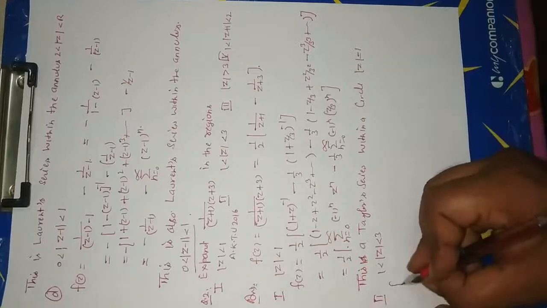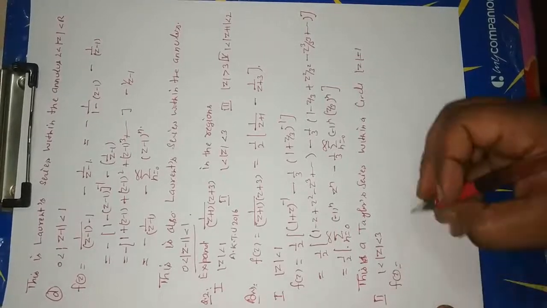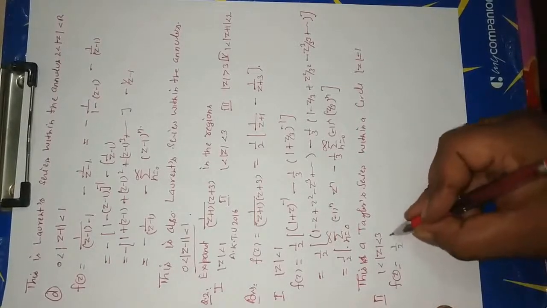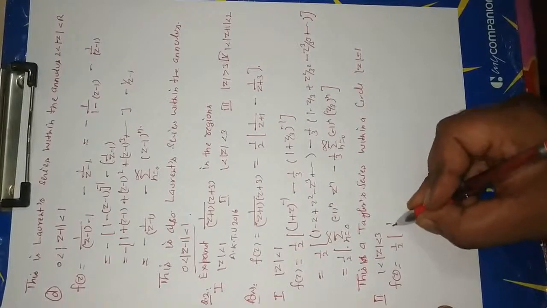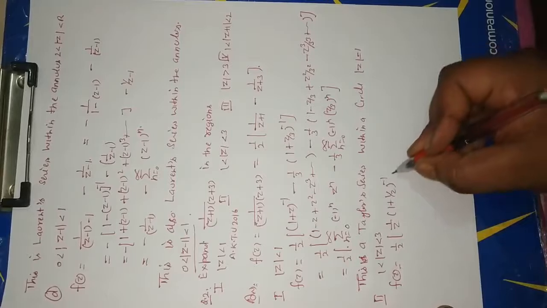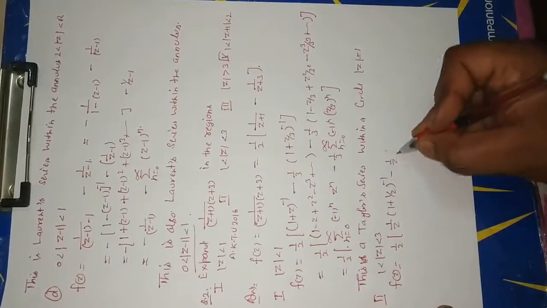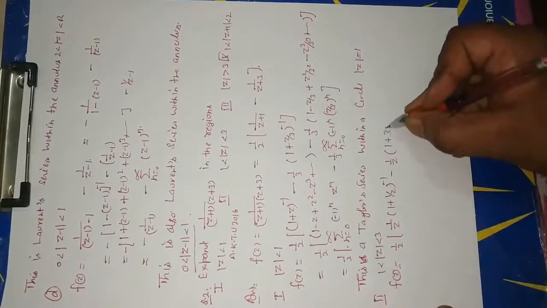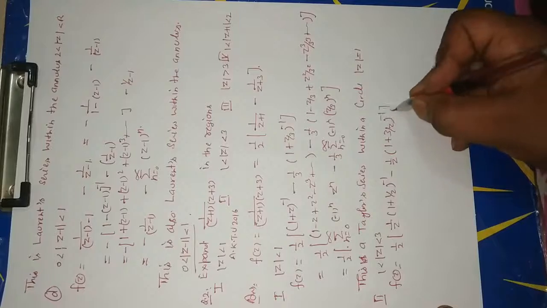Now second part, 1 < |z| < 3. In this case f(z) is equal to 1 upon 2 [1 upon z (1 + 1 upon z)^(−1) − 1 upon z (1 + 3 by z)^(−1)].